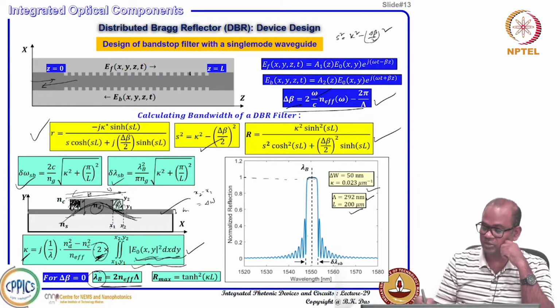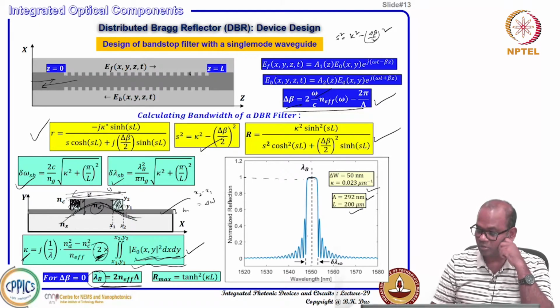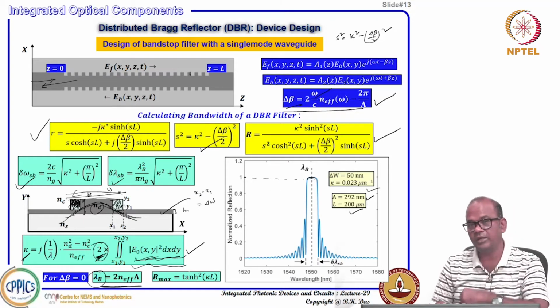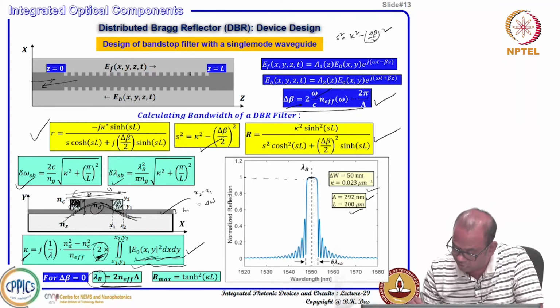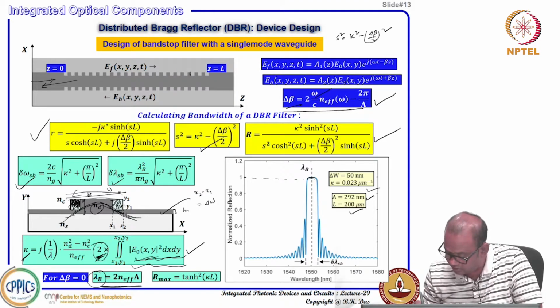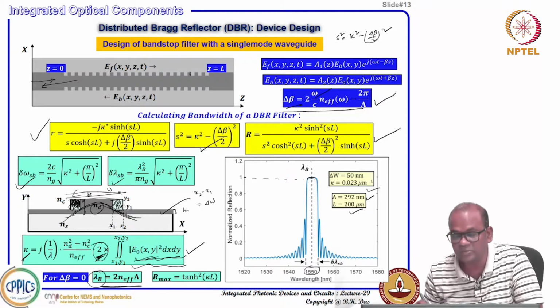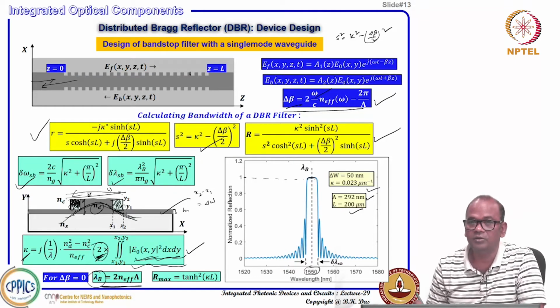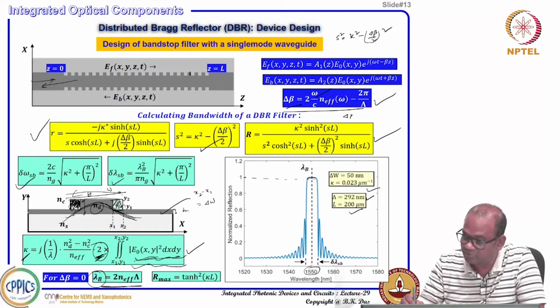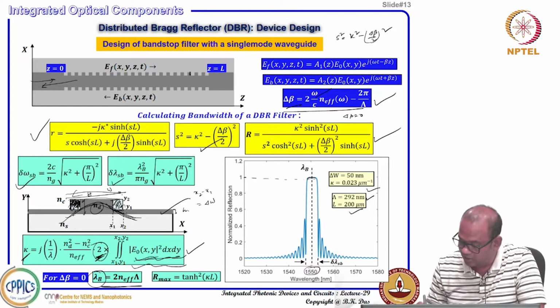This is a plot using a MATLAB code, so you can try and see how it happens. You can find that at 1550 is where the phase matching condition is satisfied, where delta beta equals 0, that is why you get the maximum.